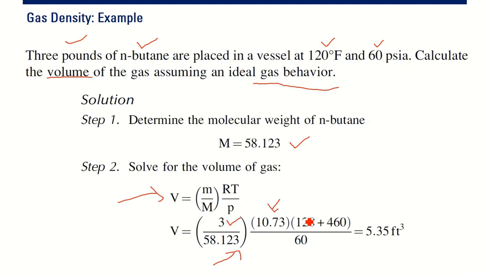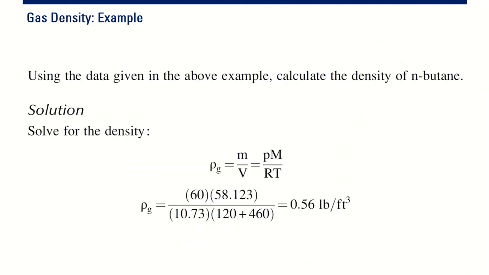Jadi 120 plus 460, and then divided by the pressure. What is the pressure? 60 psi. So if you just calculate using a calculator, you can know that the volume is 5.35 cubic feet. Okay, very simple.